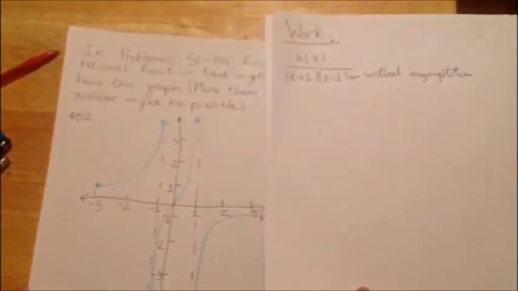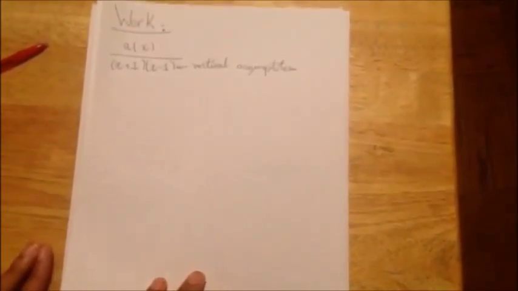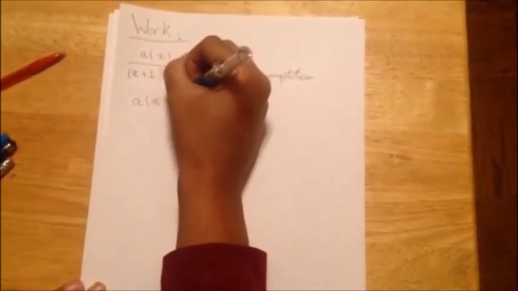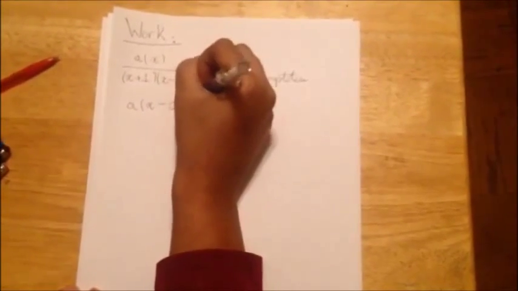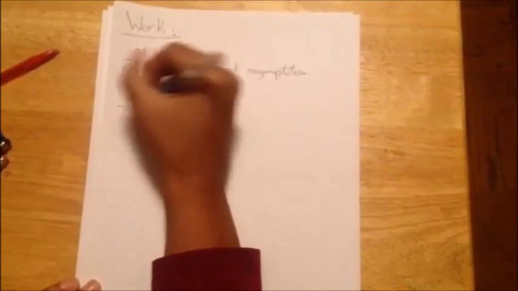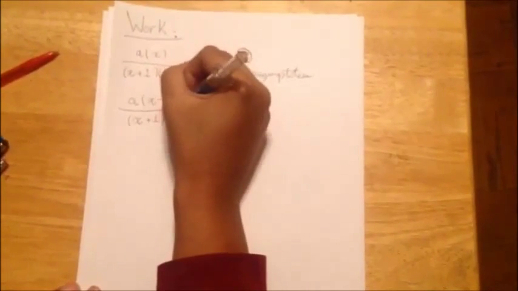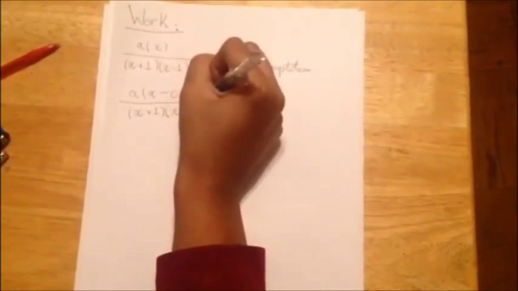By looking at the graph, it is at 0.25 due to it being below 1. So our numerator is going to be a times (x minus 0.25, or also known as 1/4) over (x plus 1)(x minus 1).